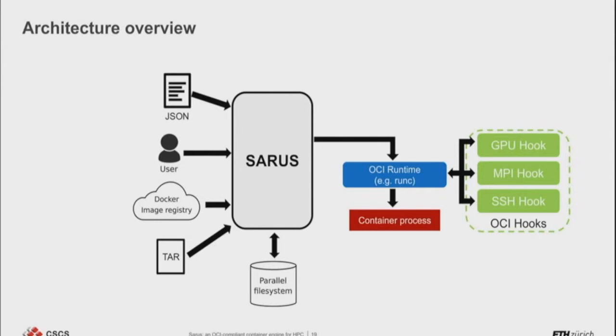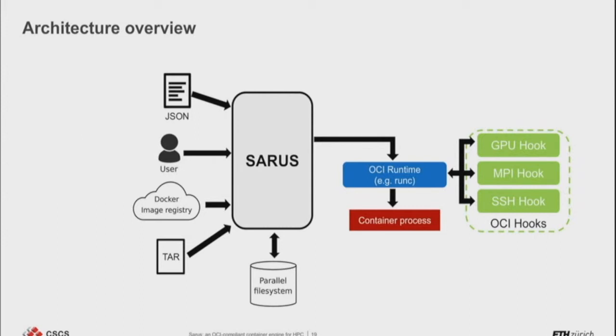And this is a bird's eye view of the architecture. You can see we have the configuration that's based on JSON, and the user input, and Sarus is able to communicate with a cloud registry or a tar file and store the container image in the parallel file system.